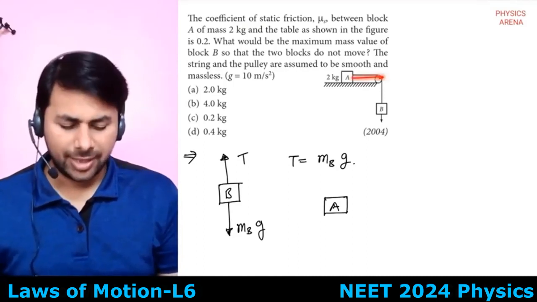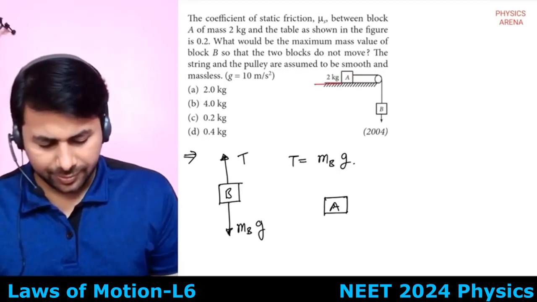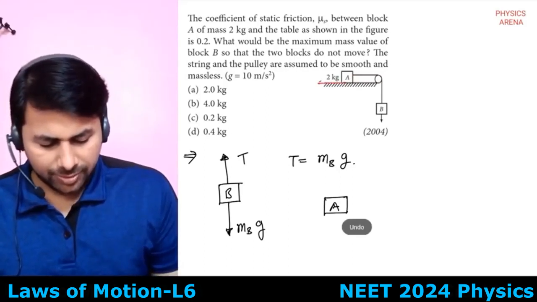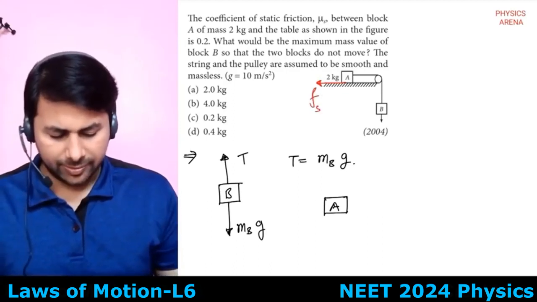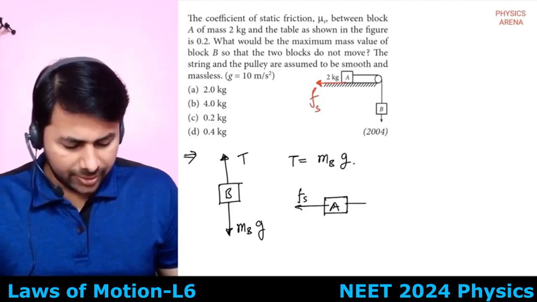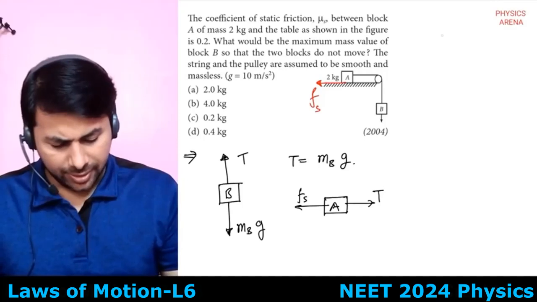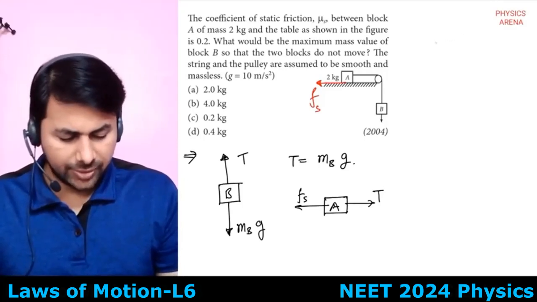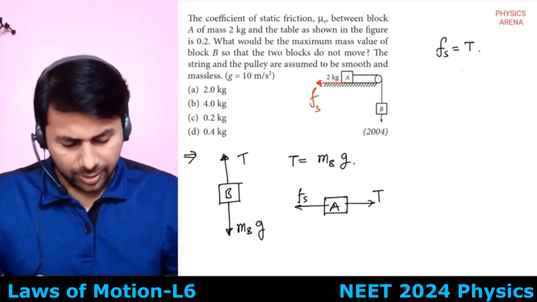That means this force is balanced by the frictional force, which is Fs. So on this side there is Fs, on this side there is T, the tension in the string. Therefore T is equal to Fs.